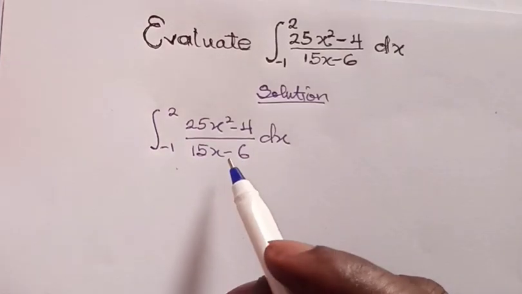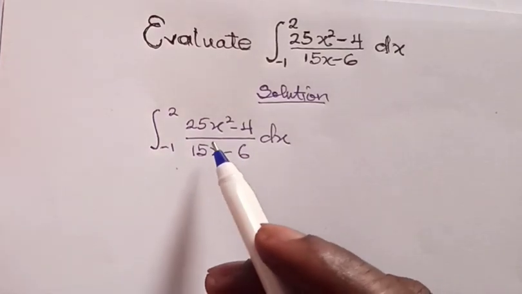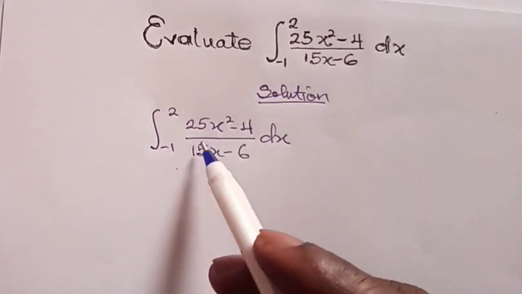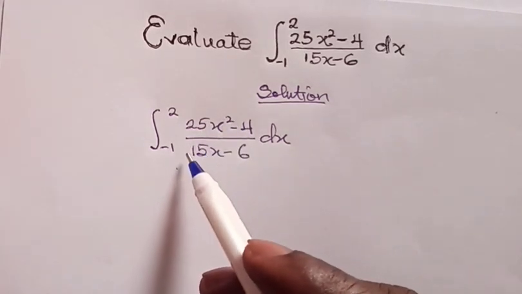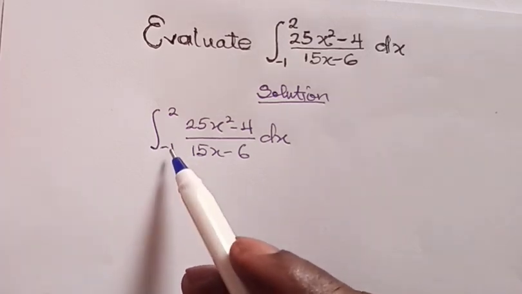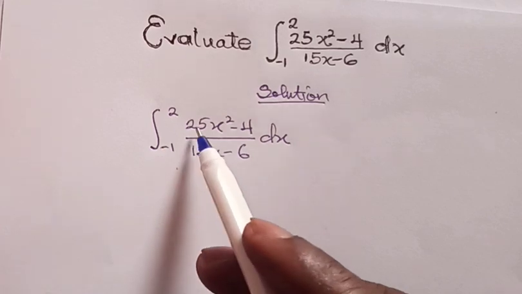Good. For such a question, we have to work on this so that the whole work becomes easy for us, so that we'll be able to find the answer to this question. So let's look at this.